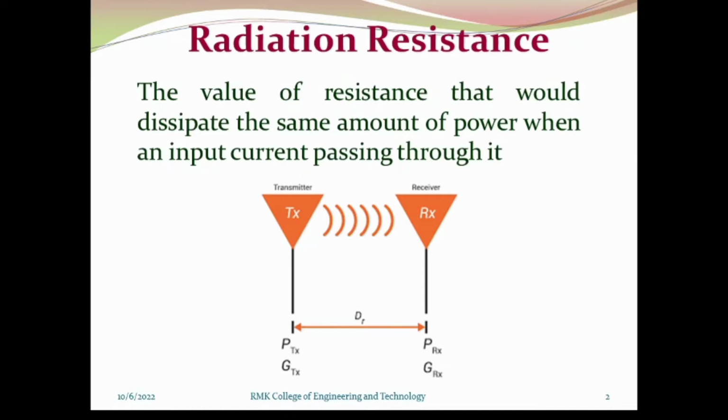It is used to reduce the current. But here in antenna terminology, the radiation resistance is used to transmit or dissipate the radio waves in free space. That is a very important part of antenna terminology. So it is indicated by RR, that is the radiation resistance of the antenna.